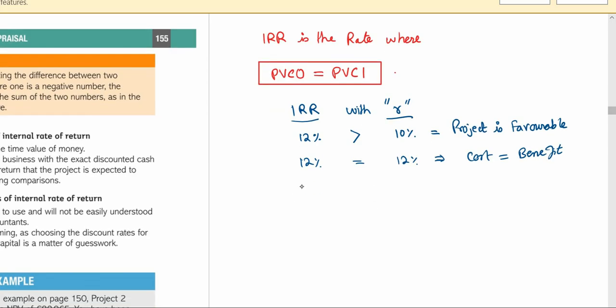Another case: assume the market interest remains the same at 10%. If the IRR is 8% and the market rate of interest is 10%, we should not invest in this project, because the market earning is more than the business earning.